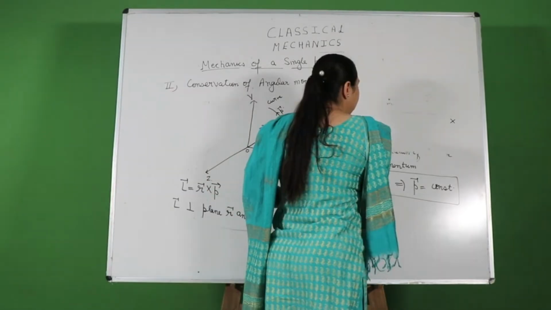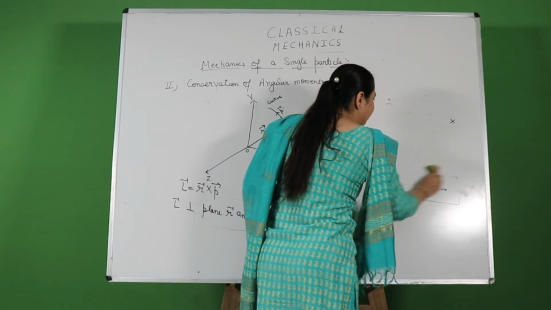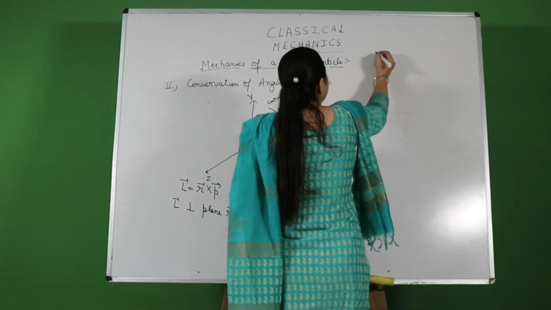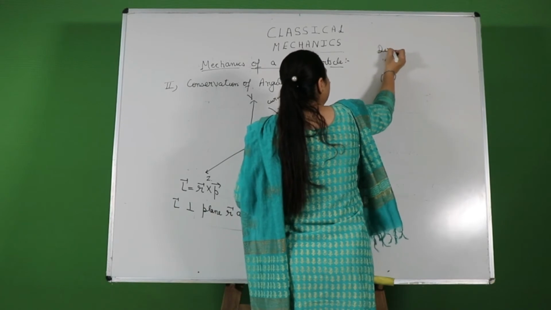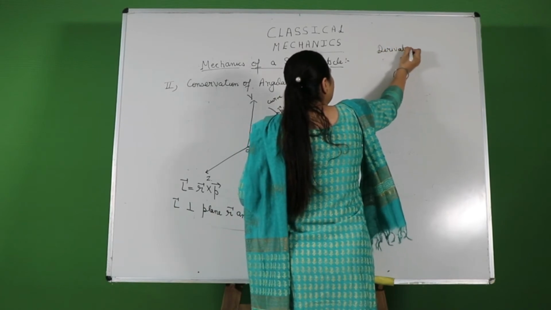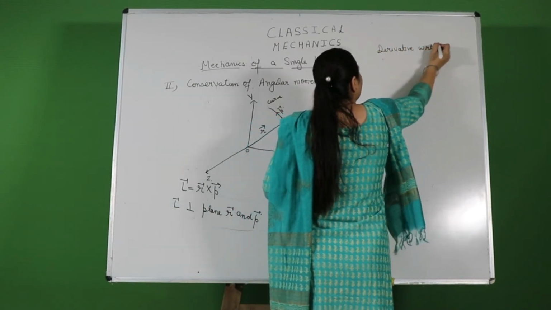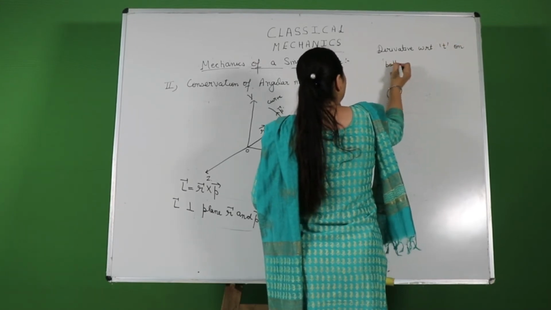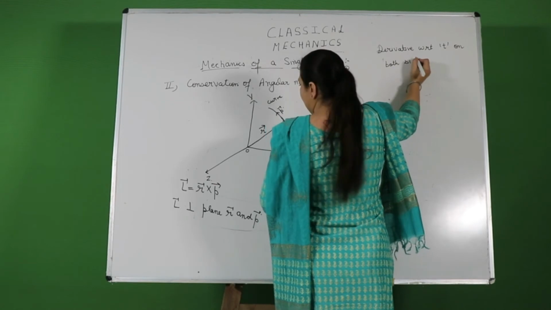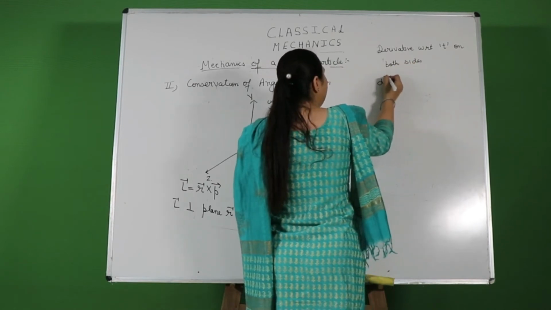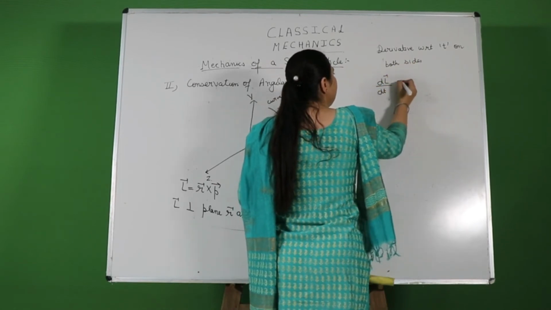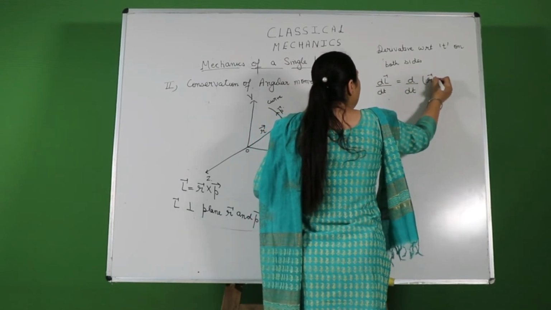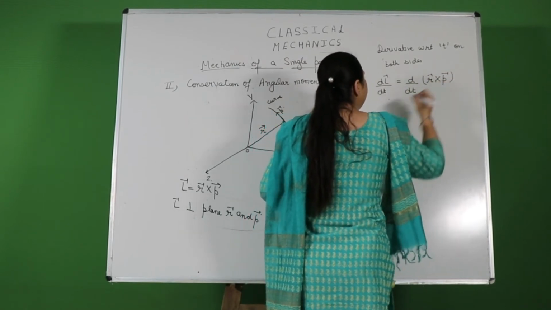So taking derivative with respect to time on both sides, I will have dL upon dt equals d by dt of r cross p.